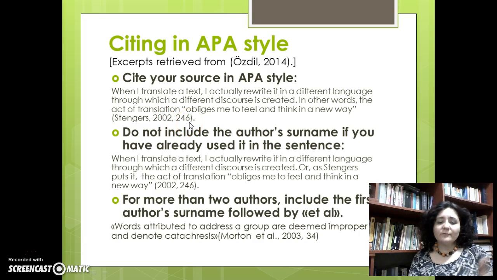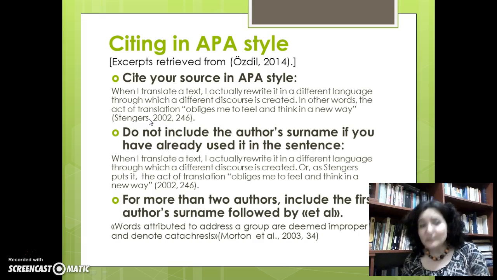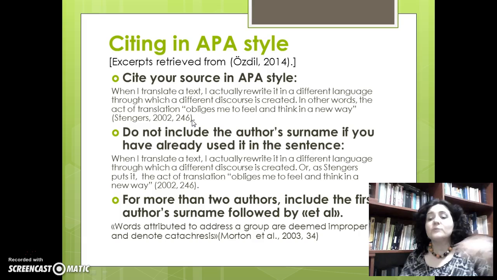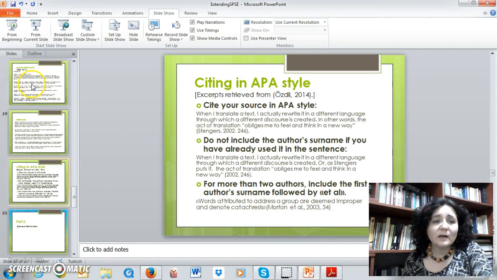If you have referred directly or indirectly to a text, then you have to give the in-text citation. Once you provide the in-text citation and your reader is very interested in this source and would like to go and read it, that's where the reference list comes in.